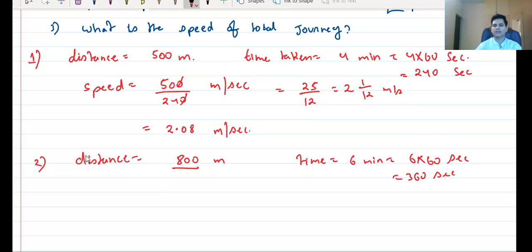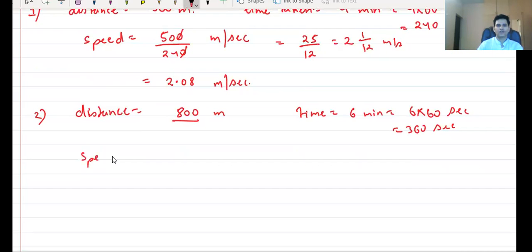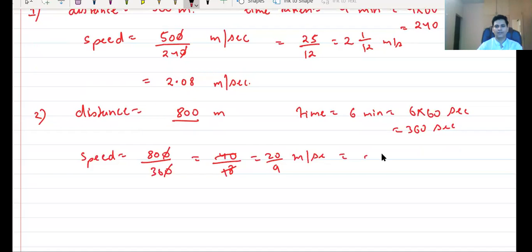So speed is equal to 800 divided by 360. It can be further divided: 40 by 18, further 20 by 9 meter per second, which is 2 and 2 by 9 meter per second. Anyone have any issue till this point?